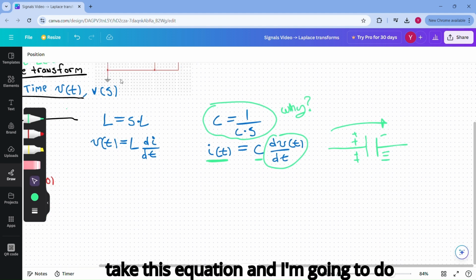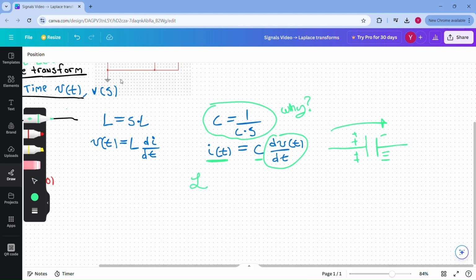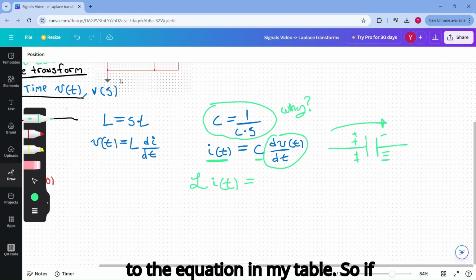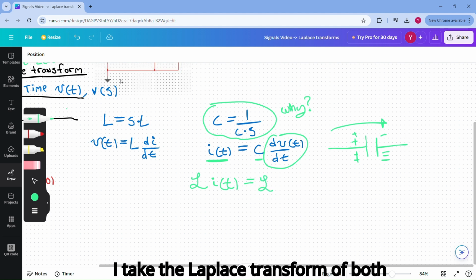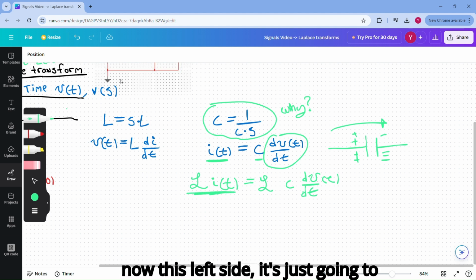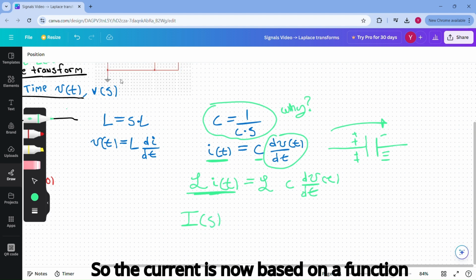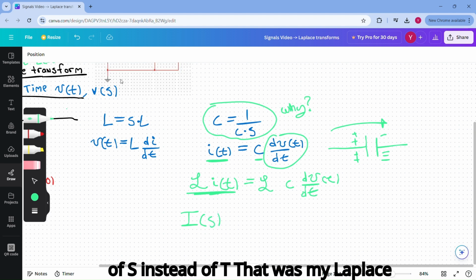So I'm going to take this equation and do the Laplace transform of both sides, and that's going to help me reach an answer of how I got to the equation in my table. If I take the Laplace transform of both sides, remember, now this left side is just going to become I of S. So the current is now a function of S instead of t.